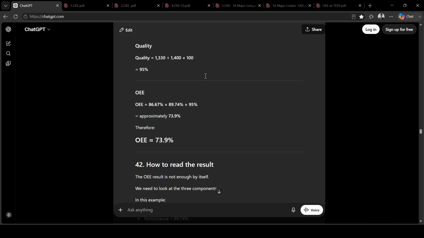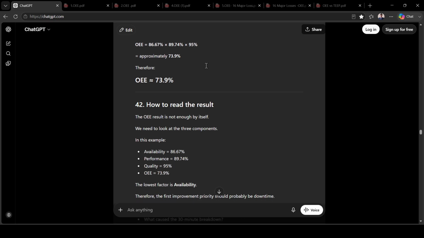Quality equals 1330 divided by 1400 times 100, so 95%. OEE equals 86.67% times 89.74% times 95%, so approximately 73.9%.